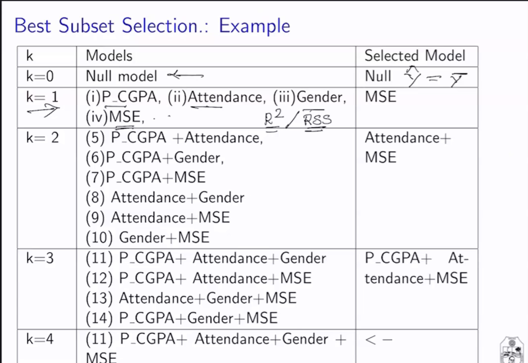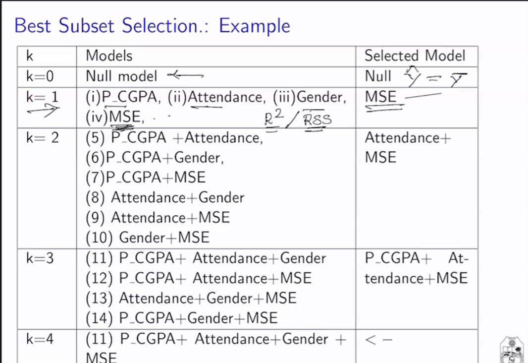For example, suppose that the model MSc, the model that uses mid-semester examination marks to predict the end semester marks, had the highest R square and the smallest RSS. Then the MSc is selected. So this is the selected model.